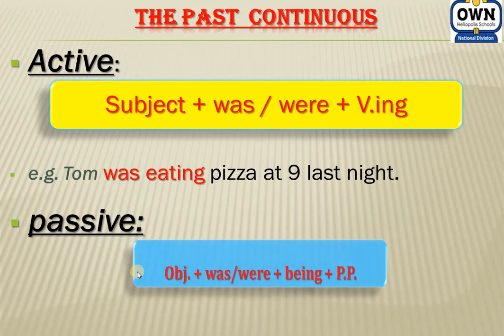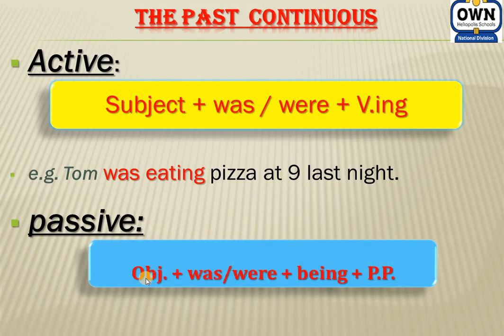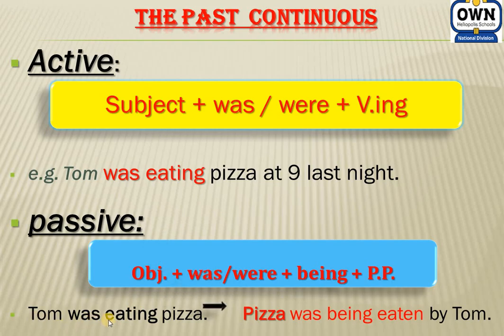This is the rule of forming the passive. We put the object at the beginning of the sentence, then was or were, being, and the past participle. Let's answer this sentence. Tom was eating pizza in the passive form is like this: Pizza was being eaten by Tom.